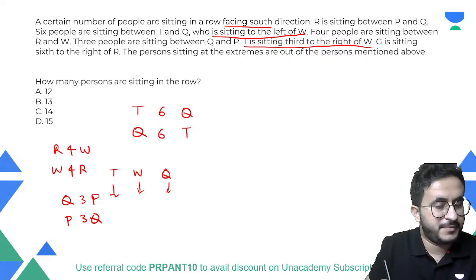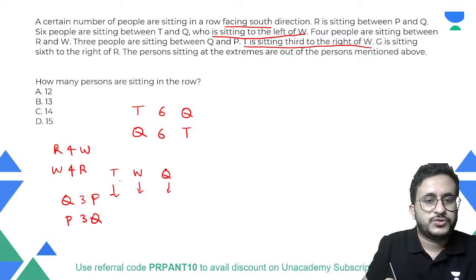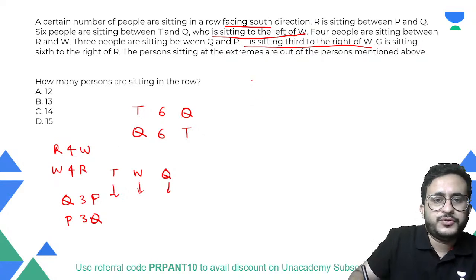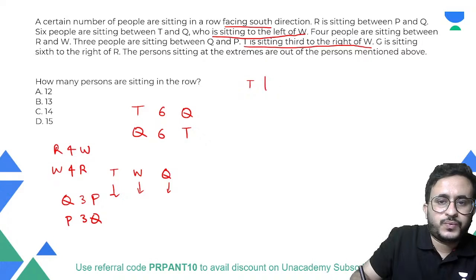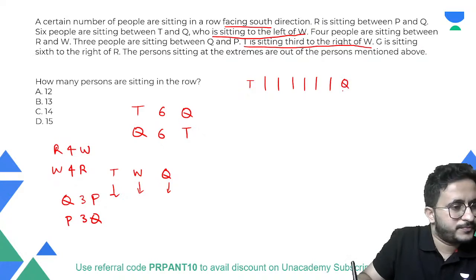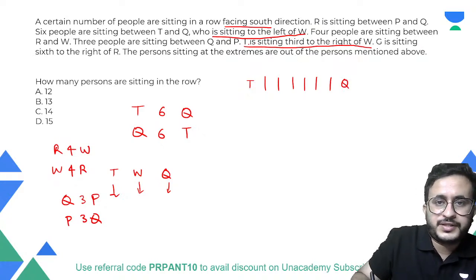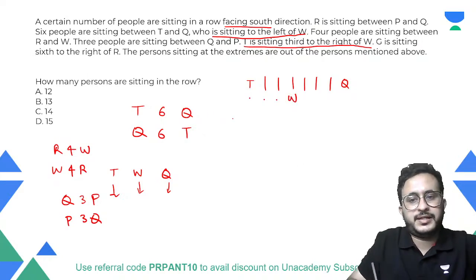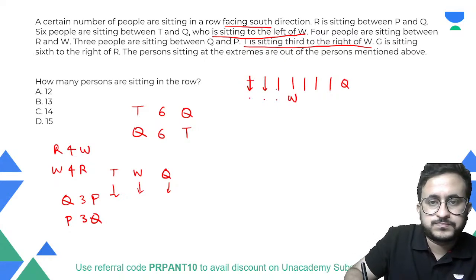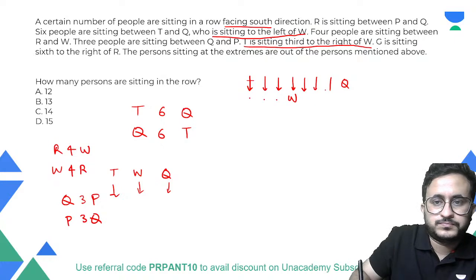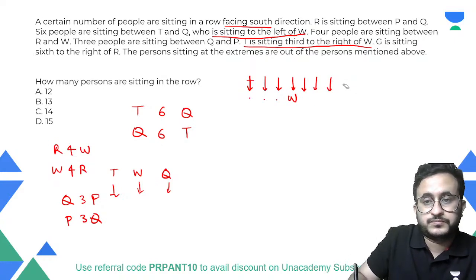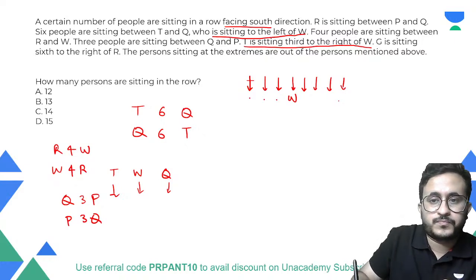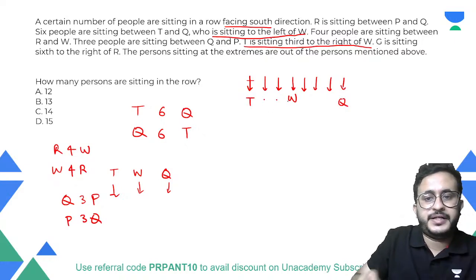So W's left side has Q and the right side has T. Now we know that there are six people between T and Q. So if this is T, one, two, three, four, five, six, this is Q. It is also given that T is sitting third to the right of W. So third, second, first, this is W. Okay, so we can make lines like this. So we've got these three people, T, W, and Q.